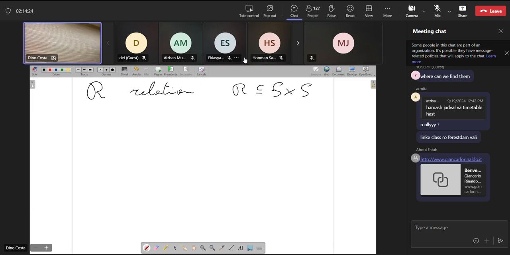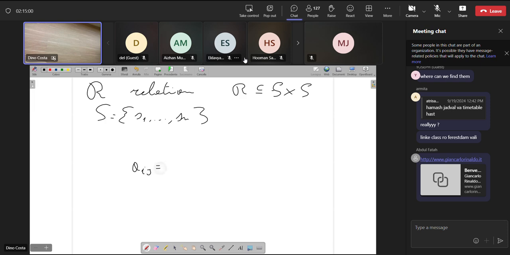A relation can obviously be between two different sets, but for simplicity this time we take it on the same set, okay? And we say that S has elements S1 to Sn.